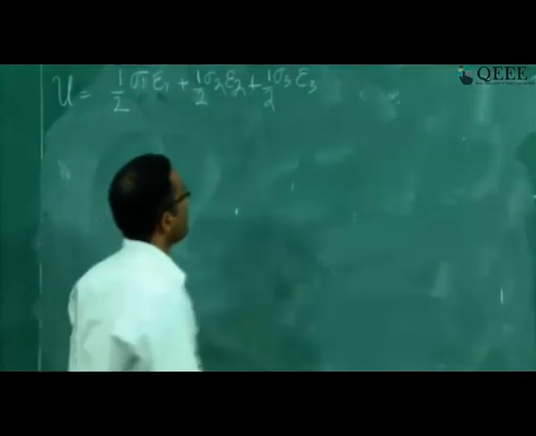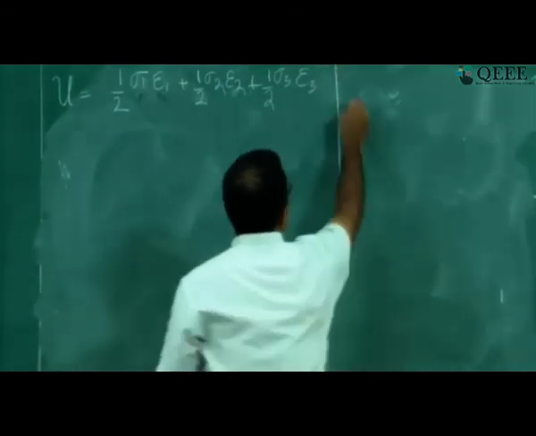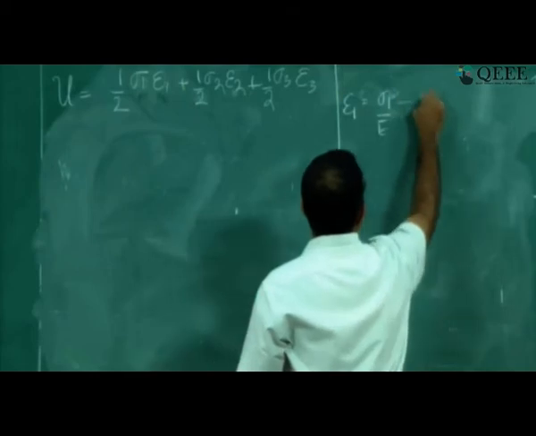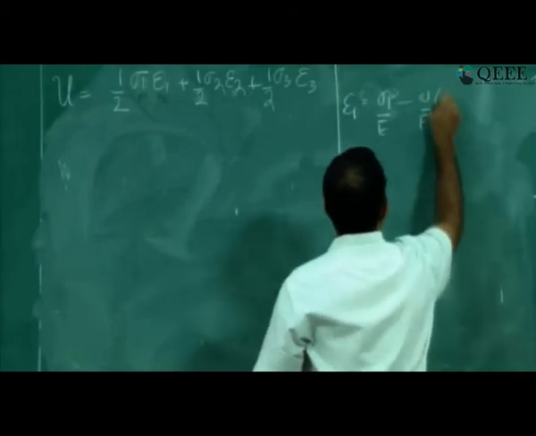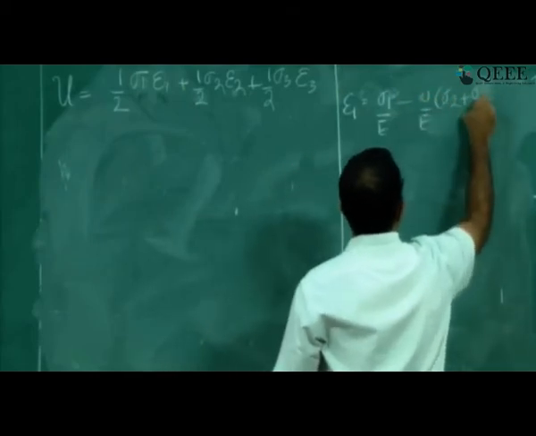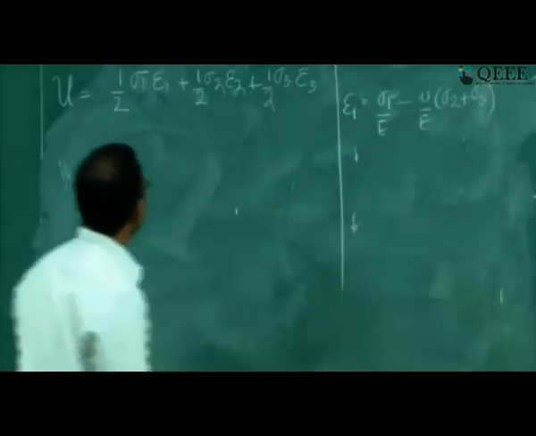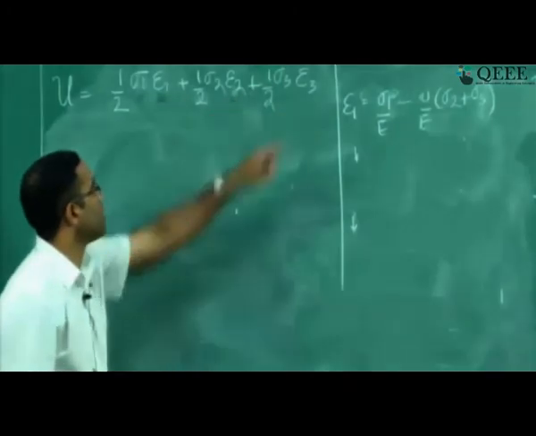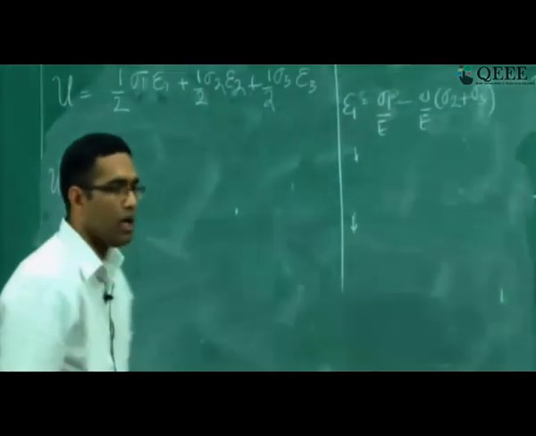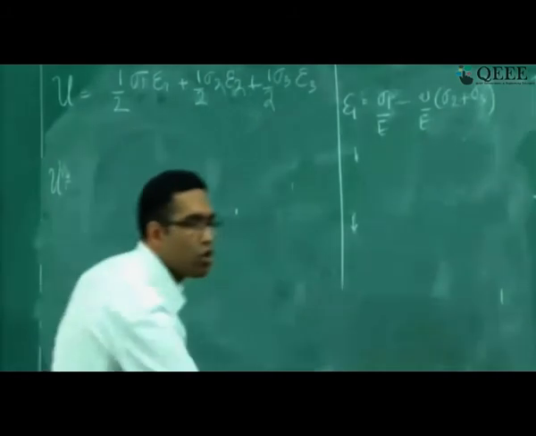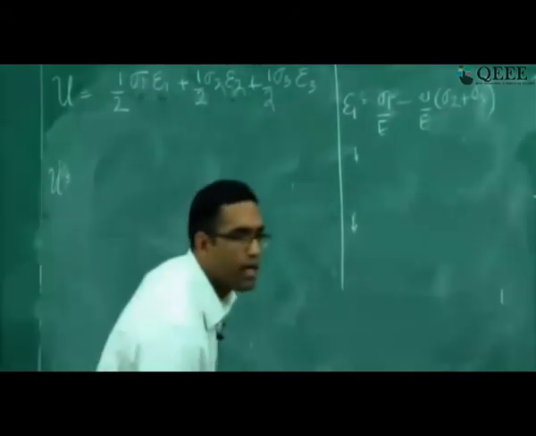Now we can relate strain to stress using this expression. Similarly for the other two, and plug them over here, and this will give us an expression for the total strain energy density, which is equation number 23 on slide number 18.